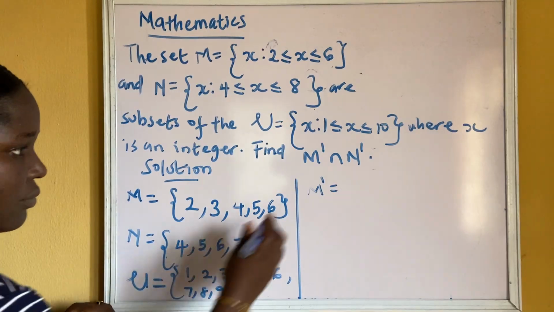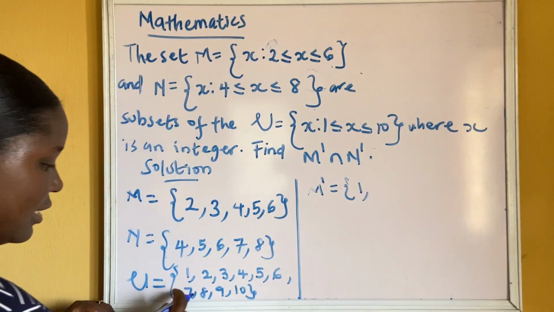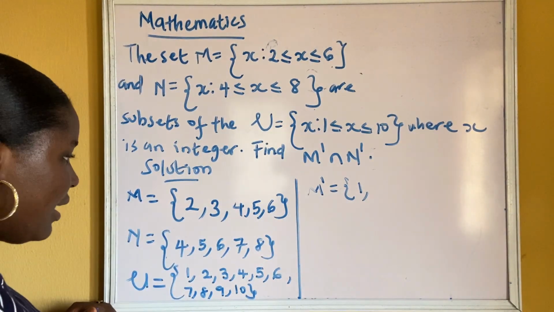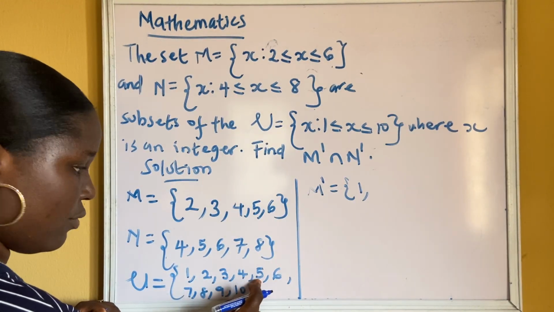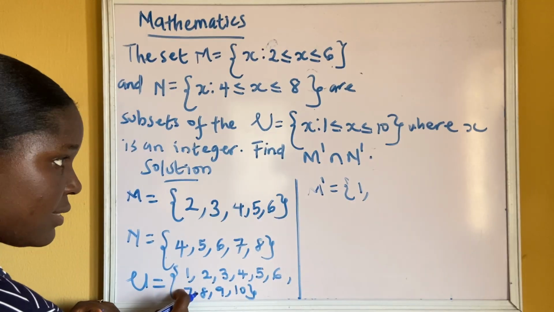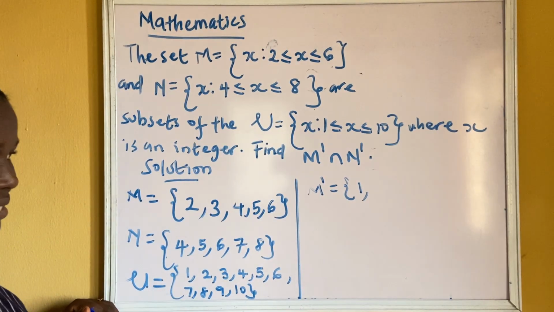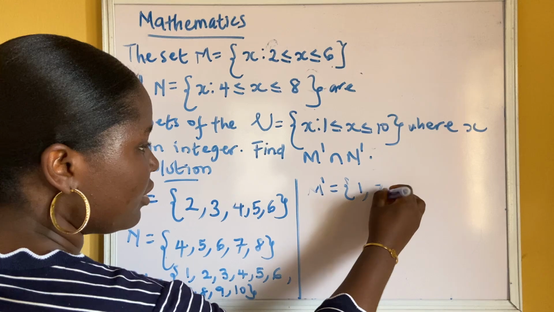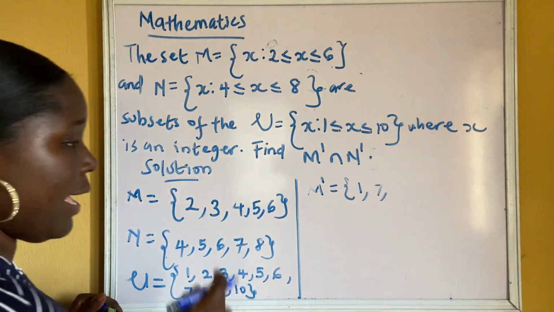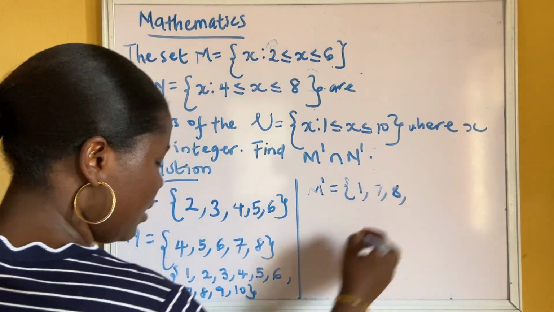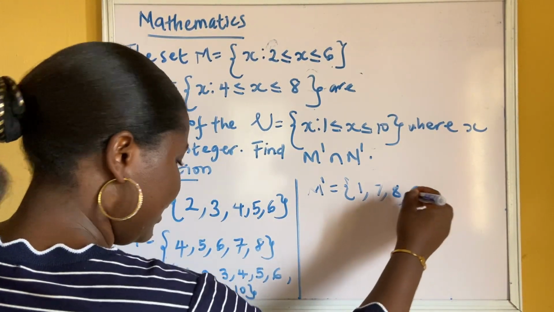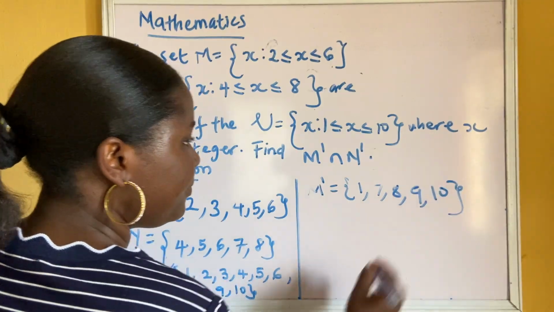For instance, 1. 1 is in the universal set, but you don't have 1 here, right? 2, no. 3, no. 4, no. 5, no. 6, no. What about 7? Yes, there's 7 in the universal set and you don't have 7 here. So 7 is one of the elements of M complement. What about 8? Yes. What about 9? Yes. And then 10.